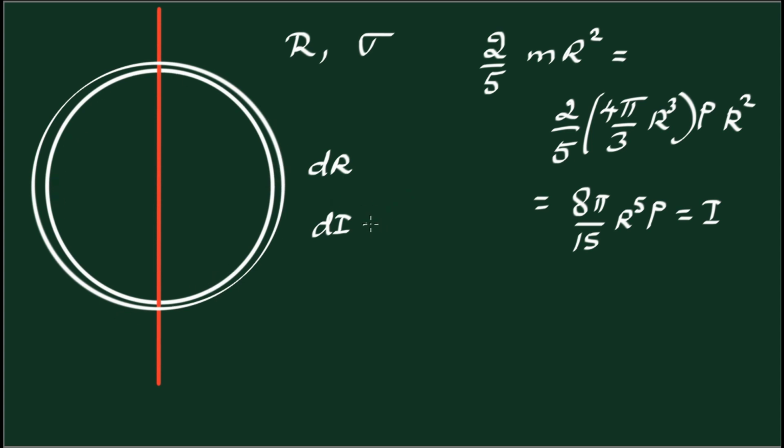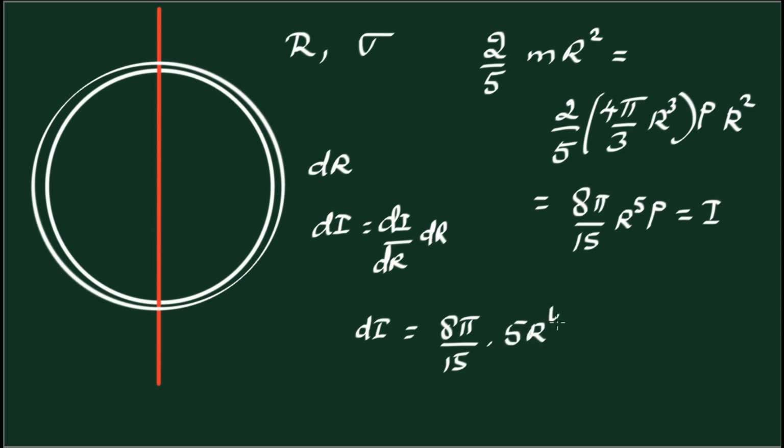Now dI is going to be simply dI by dr times dr. Let's take I and differentiate it. So we have dI is equal to derivative of this, which is 8 pi by 15 times 5 r to the power of 4 times rho dr. This increase in the moment of inertia is the moment of inertia of this shell.